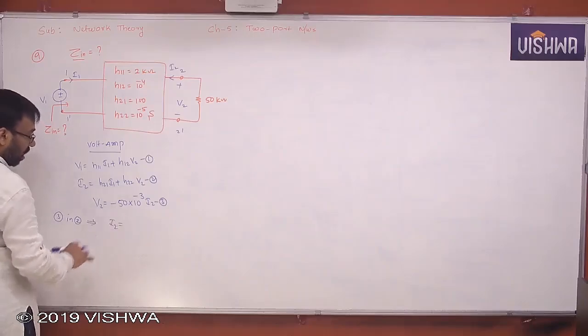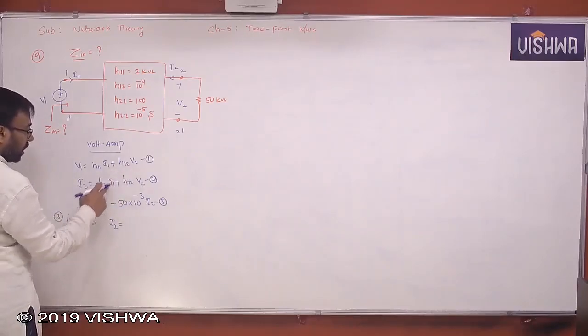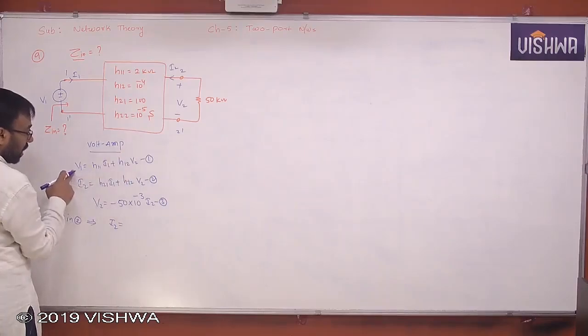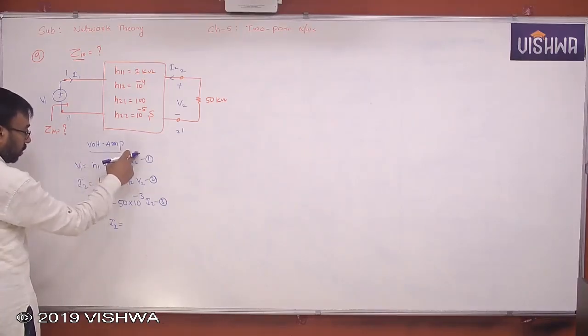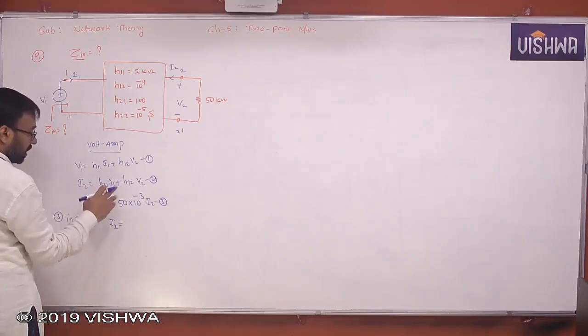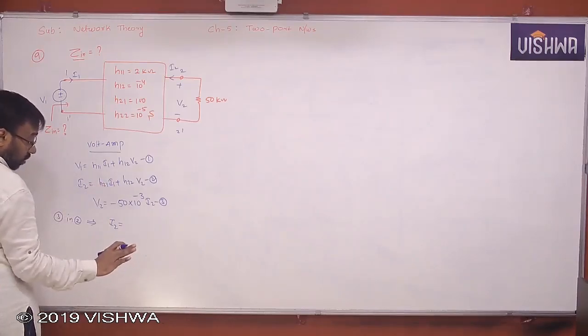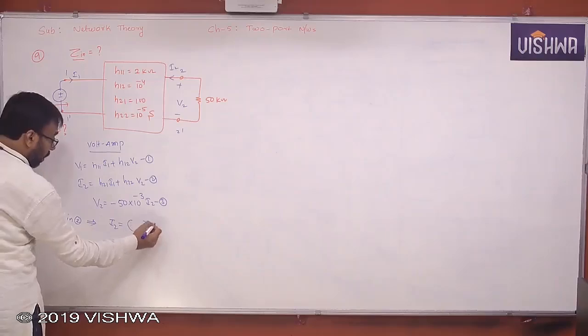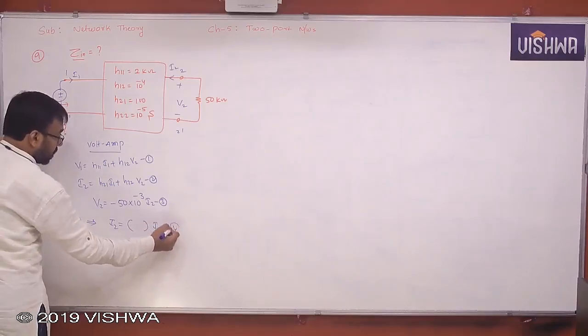Okay, this is one way. Or else you can see here V2 you can substitute here, V2 you can substitute here. This equation will be in terms of V1, I1, I2. This equation will be in terms of I2, I1. That's it. Yes or no? Okay, so I2 will be something into I1. Let us say this is 4.